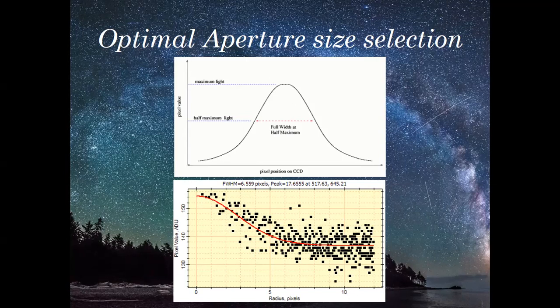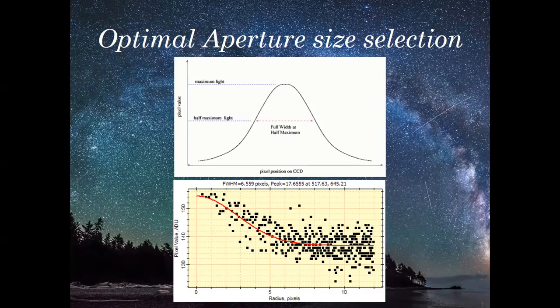Another way of optimally selecting the aperture is FWHM, that is full width at half maximum. Now how do you select the full width at half maximum? You first select the center pixel at which the maximum light is obtained, that is nothing but your centroid point.